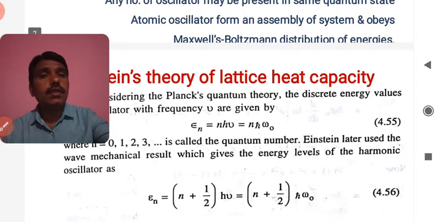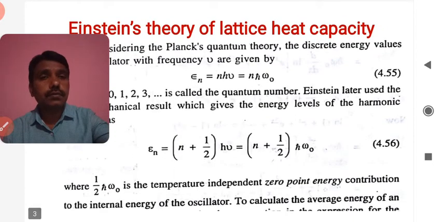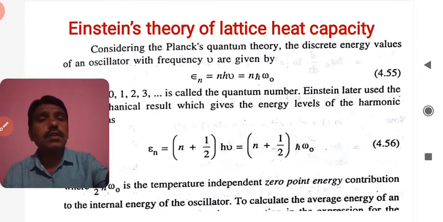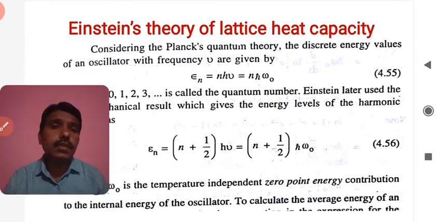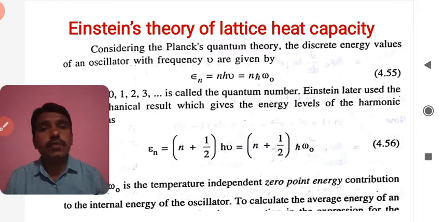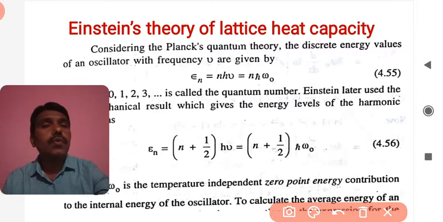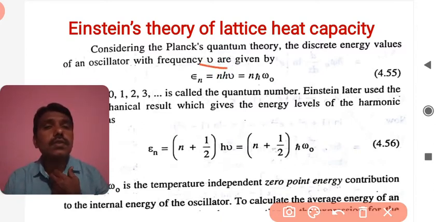Now, here is Einstein's theory. Considering Planck's quantum theory, the discrete energy values of an oscillator with frequency nu are given by h nu, the quantum, where nu is the frequency.